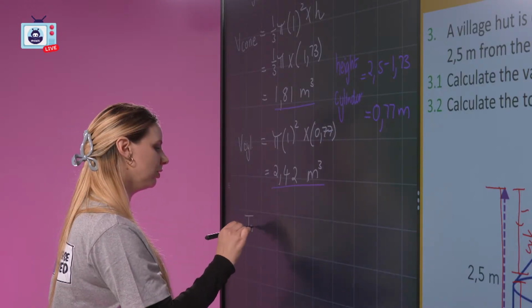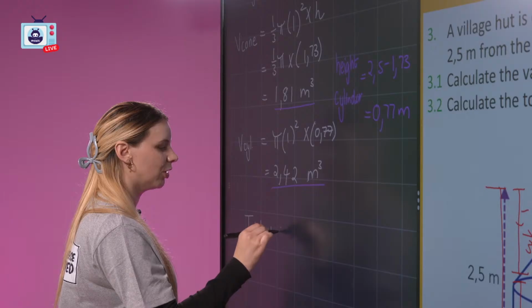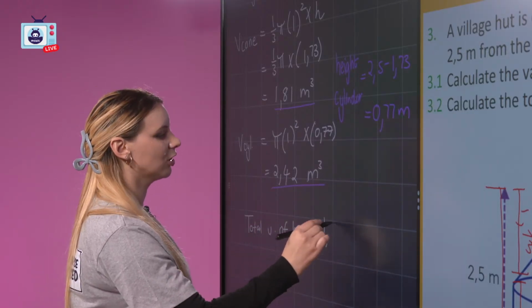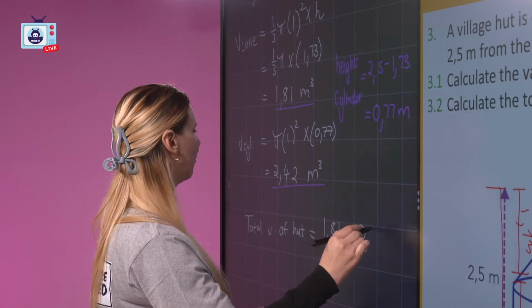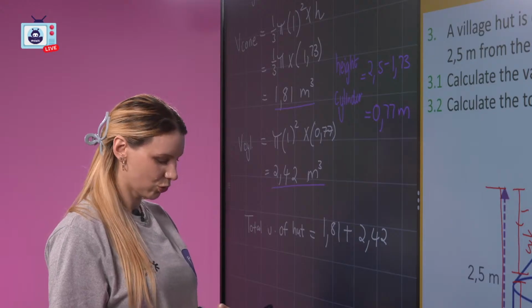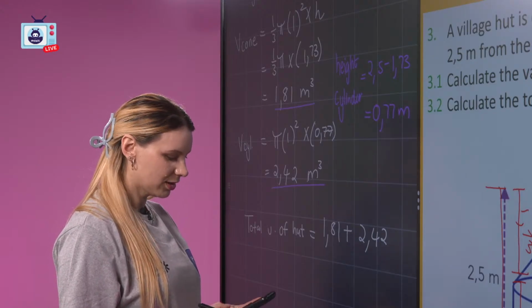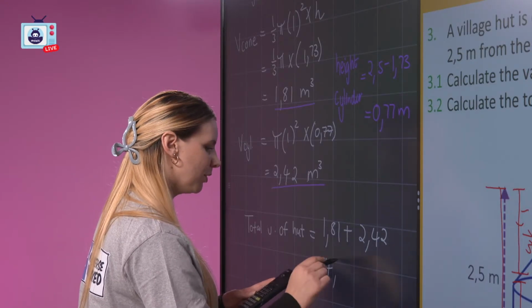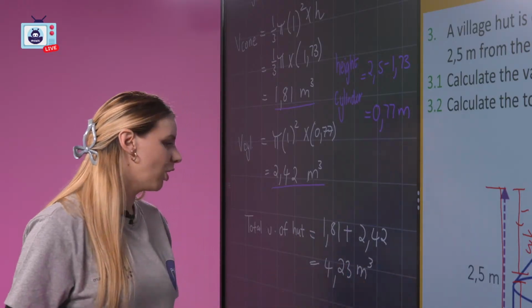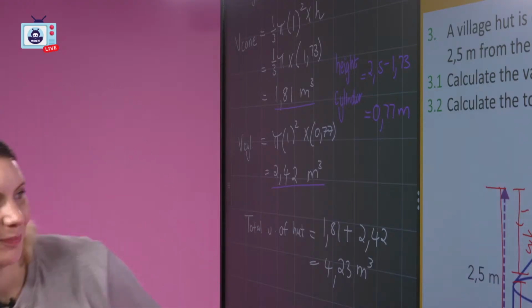So the total volume of my hut is equal to 1,81 plus 2,42. That gives me 4,23 meters cubed. That is our volume of our hut.